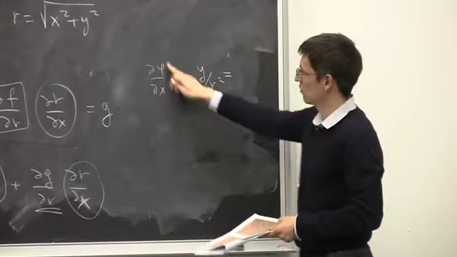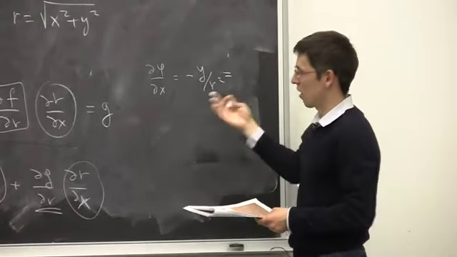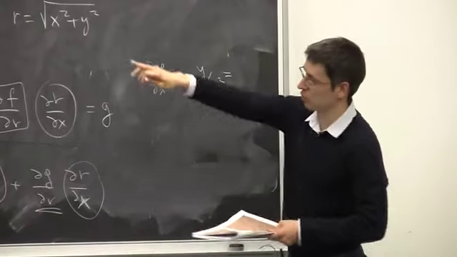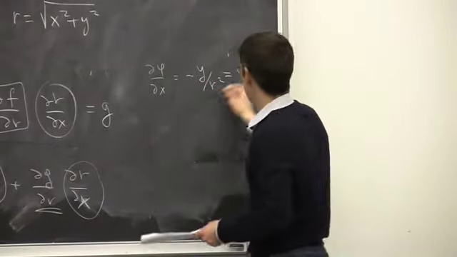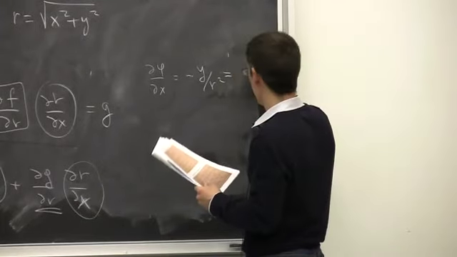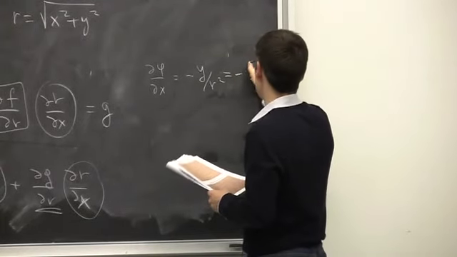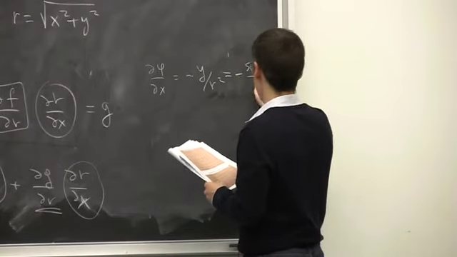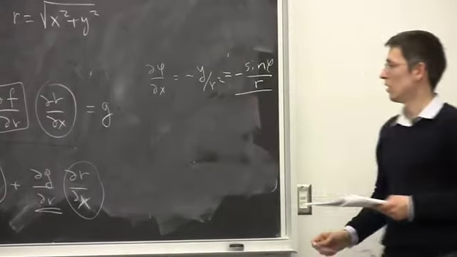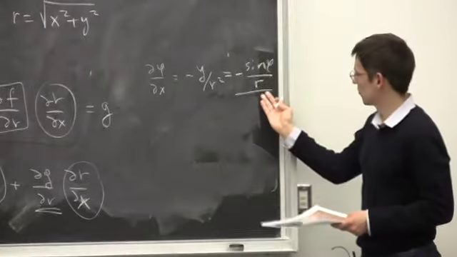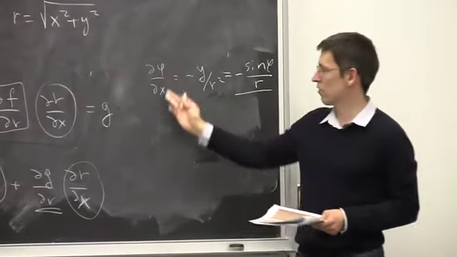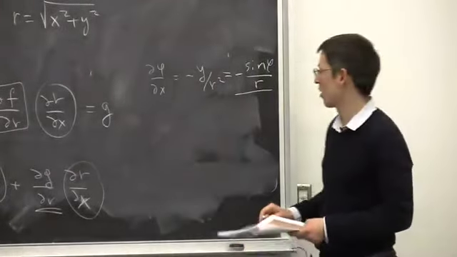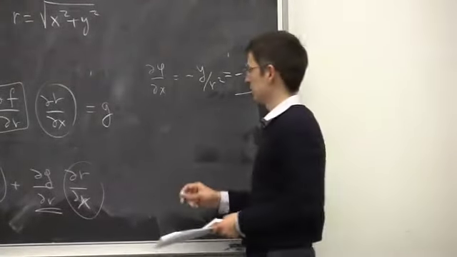We need to transfer this expression into polar coordinates completely, and we have y here, over r squared. But we know what y is, and once we put y in and cancel one r, that becomes minus sine of phi divided by r. So that's our ready-to-use expression for d phi over dx.